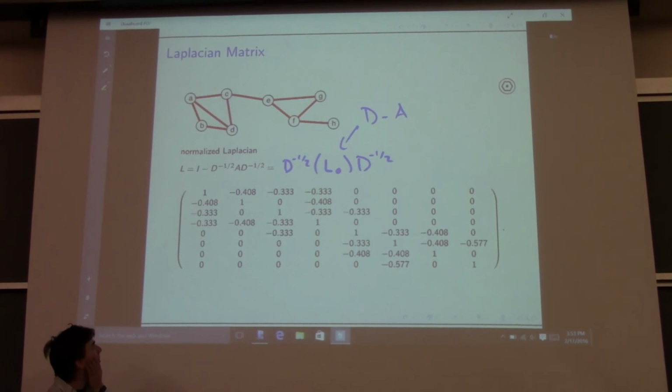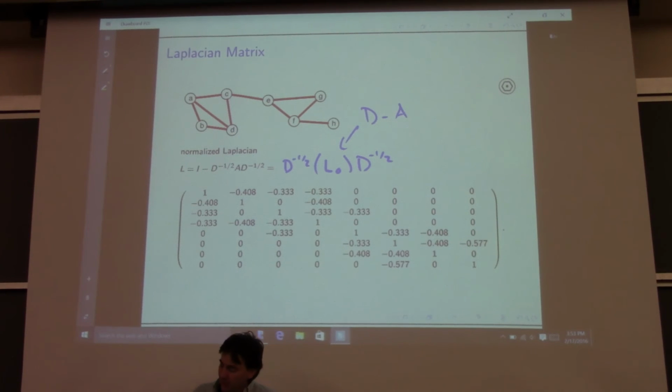The entries look similar to before, but they don't have the same nice property where the sum of each column adds up to 0. You don't have that property anymore.